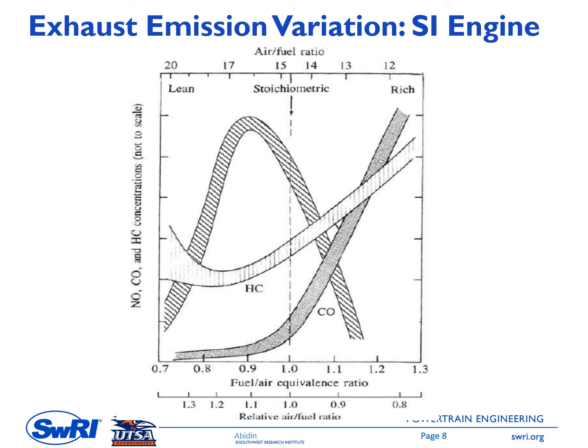This figure is showing the variation of hydrocarbon HC and then CO, and then this one is NO for the spark ignition engine. So this is a function of equivalence ratio.